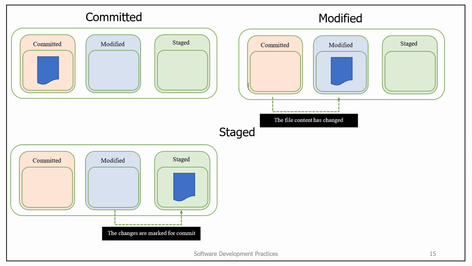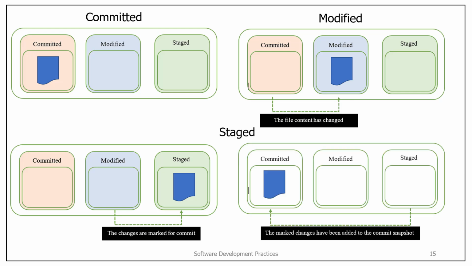That particular stage is said to be the staged state. After saving that file, you need to initiate the commit command. Once you initiate the commit command, only then will the contents saved inside the hard disk or the system be moved to Git.